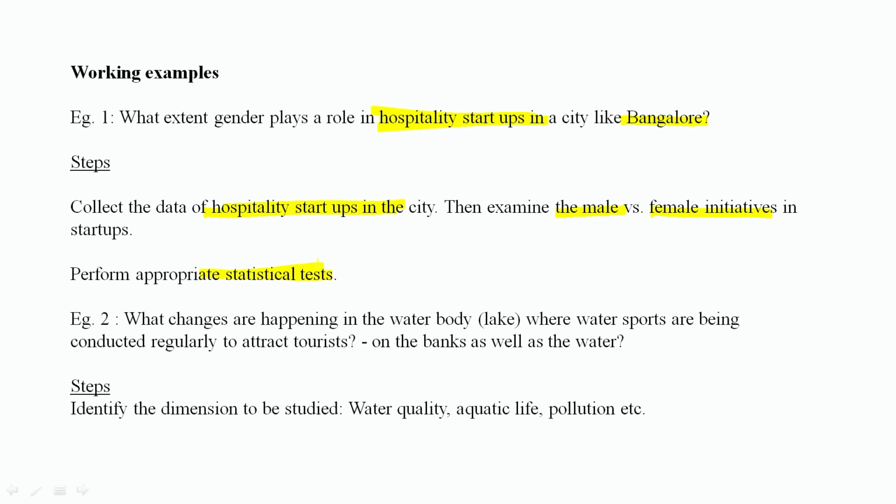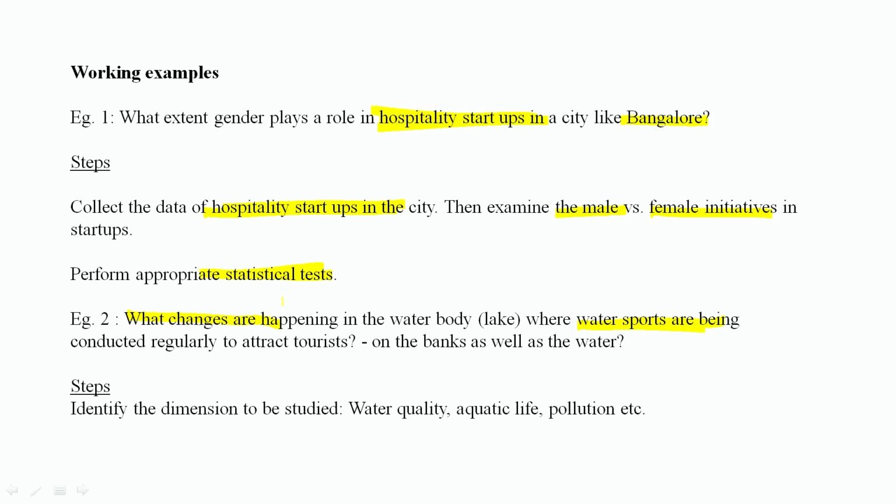Second case, see, we find that all lakes are attractive tourist destinations and you find water sports are common in these lakes, water bodies. So, I wanted to know what change these water sports bring to the water body.